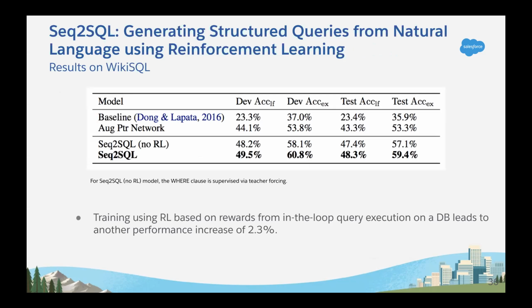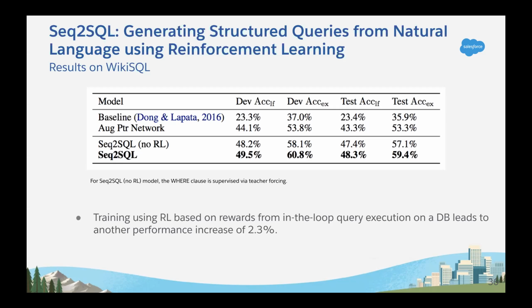We tested on the WikiSQL dataset because there was no other dataset in 2017. The results showed that adding these reinforcement-based rewards can lead to some improvement in performance. I would say this is an interesting tryout using reinforcement learning for the text-to-SQL task.